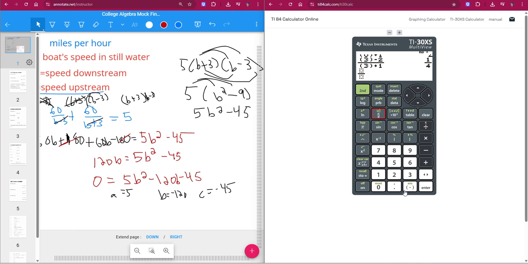So if I use the quadratic formula, that's going to be negative B, so it's going to be negative 120, so 120 plus the square root of B squared, so negative 120 squared minus 4 times 5, my A and my C, all over 2 times A. Okay, that is one, but it's plus or minus, so I'm going to change this to a minus.